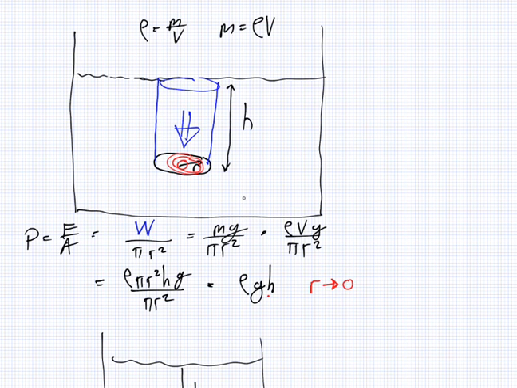Did you write it down? Yeah. Okay, we'll just wait a minute then. Are we going to do principle of flotation?